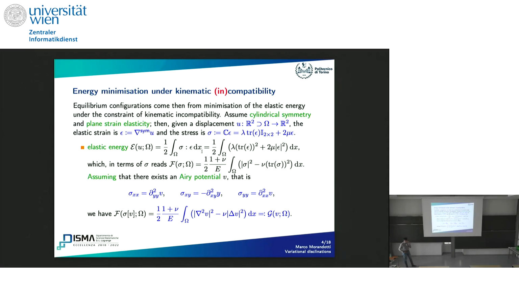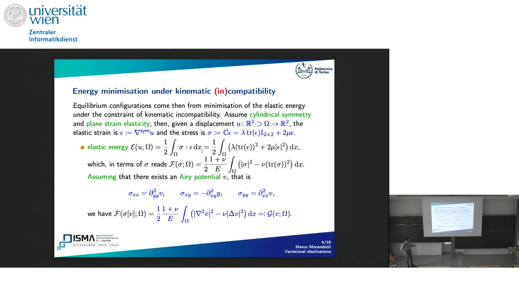And what is typical to do in the engineering literature is to introduce this Airy stress function, or also called Airy potential, which is something whose second derivatives take the place of the components of the stress tensor. Not quite in a way that it is its Hessian, but you scramble them around.